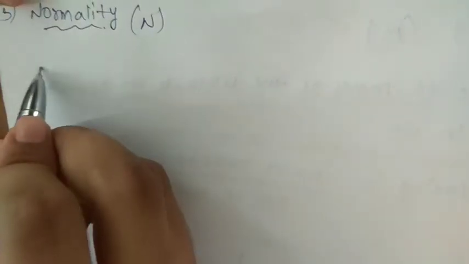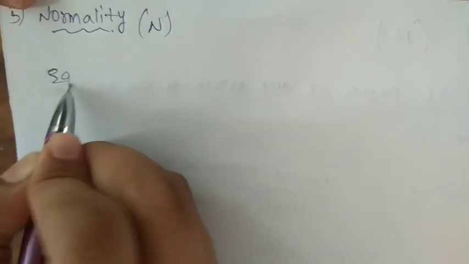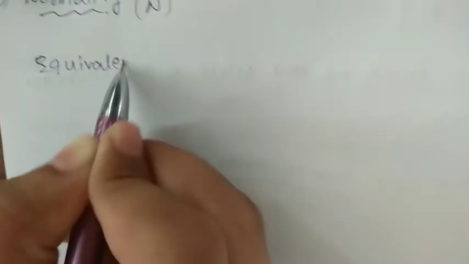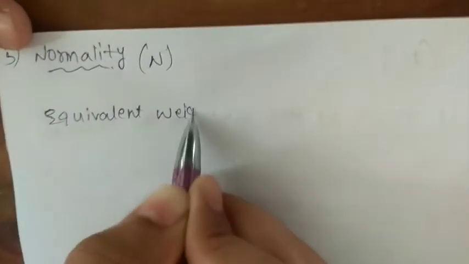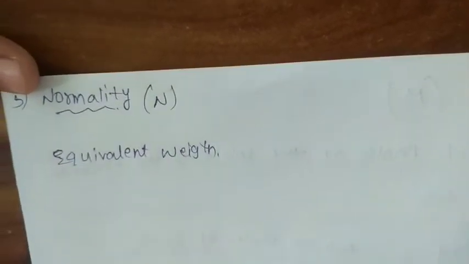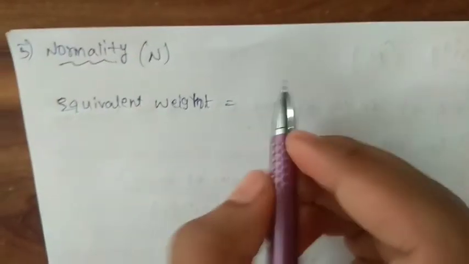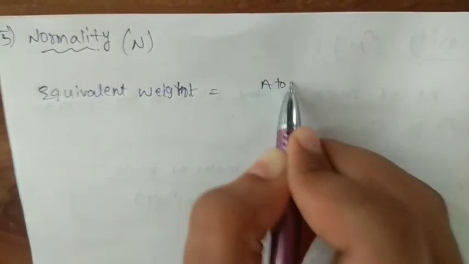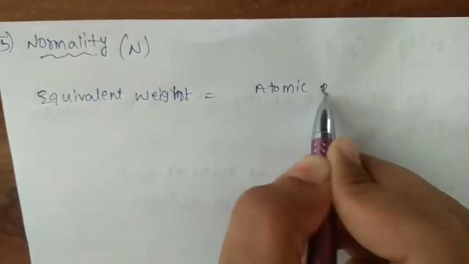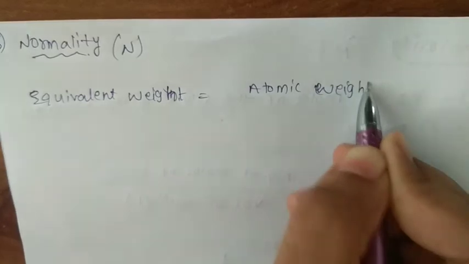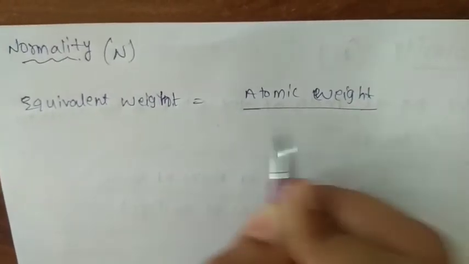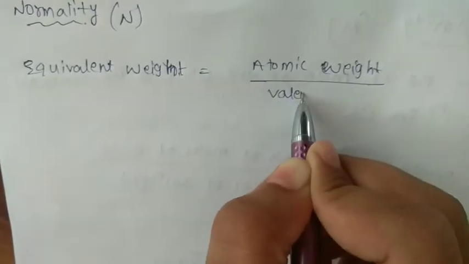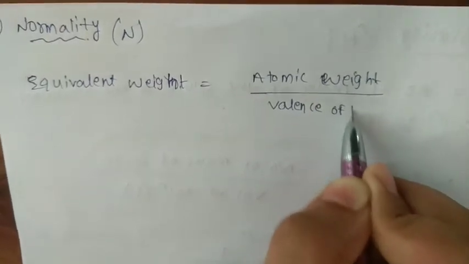Before going to normality, you should know one formula, that is equivalent weight. Equivalent weight equals atomic weight to the valency of the element.